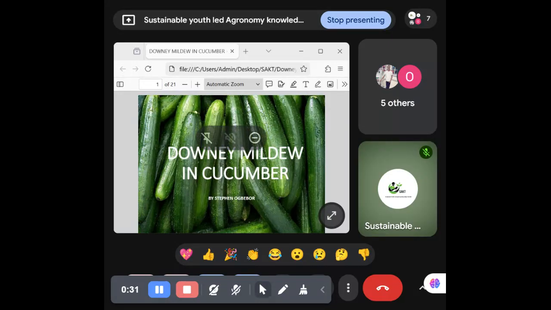Last week, the last two weeks, we discussed tomato production. Mr. Jude took us on a journey from selection of seed till planting.